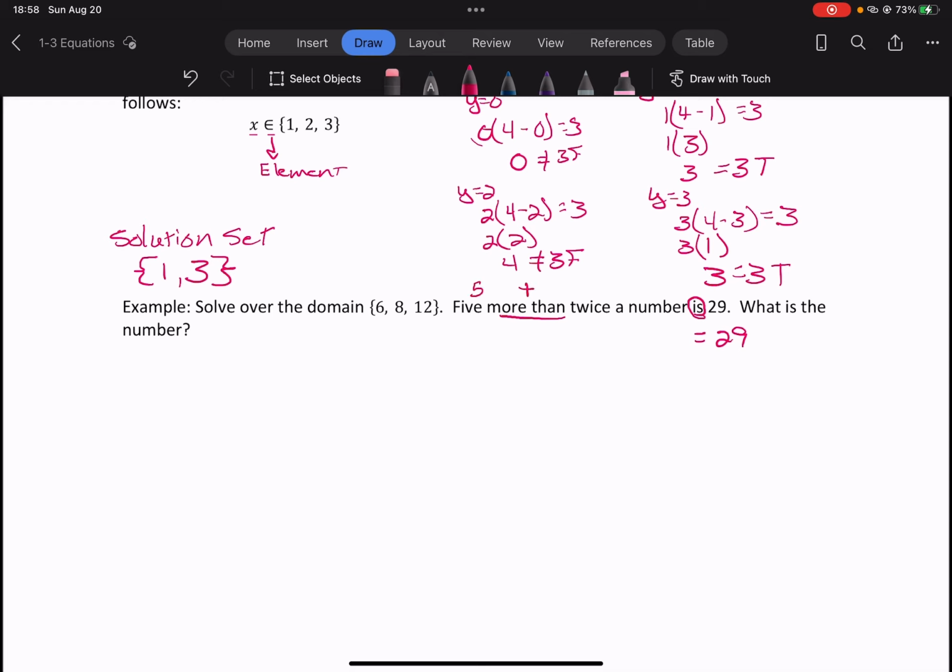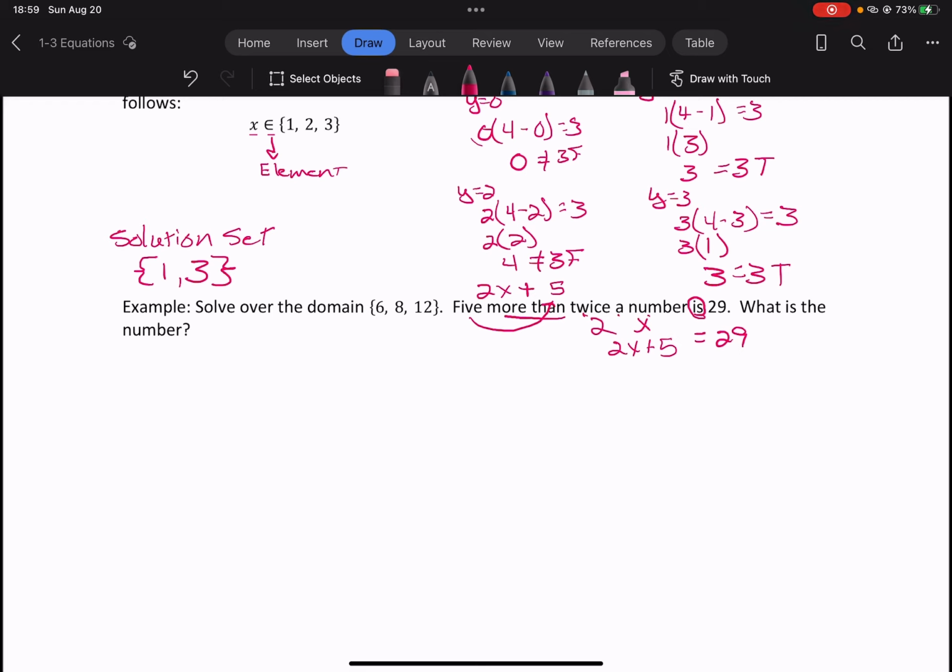So we have 5. So generally when you see a more than, it's reversed. So the 5, which is before the more, will go after, and twice a number. A number, x, twice means 2, so that's 2x. So we want to look at 2x plus 5 equals 29.